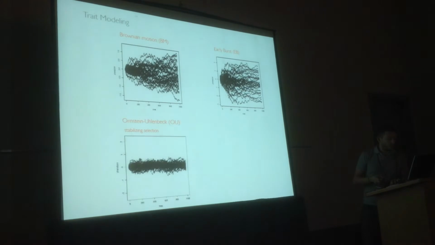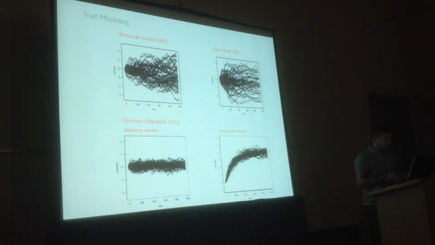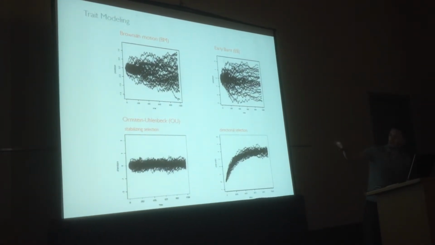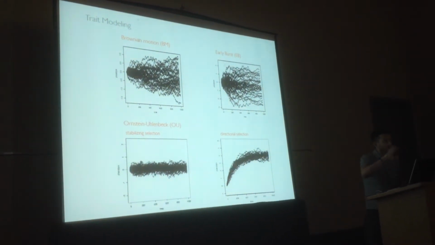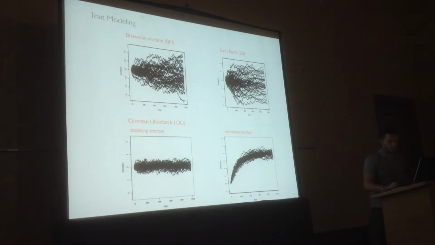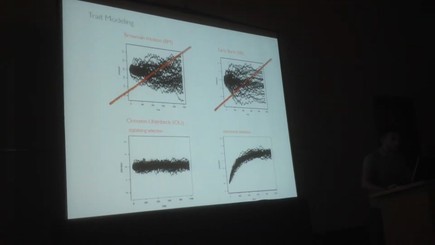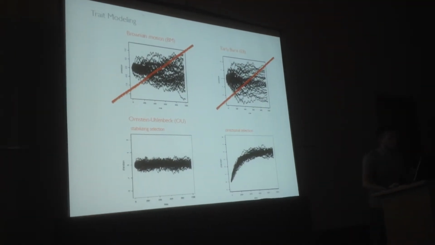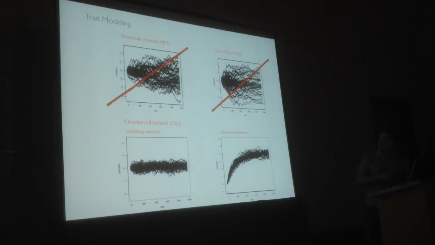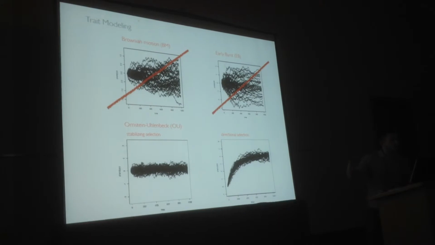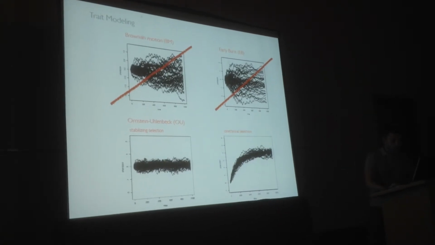Also, we have two OU models, where the clade can just stay in an optimum or can move from the original ancestral optimum to a new optimum. So across all these clades, the first two models were never preferred. Always these two models with different kinds of selection pressures were preferred.